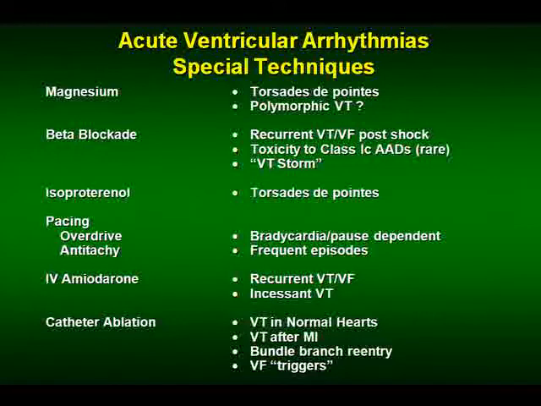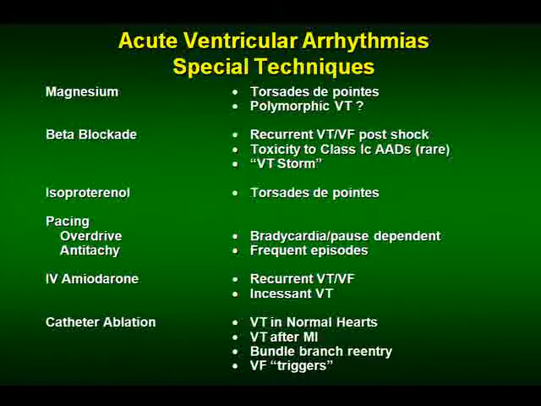IV amiodarone, I like to use for recurrent VT or VF, and for incessant VT, the person who just stays in VT. Amiodarone may get you able to get it under control. And catheter ablation, it's actually primary therapy when VT occurs in normal hearts.